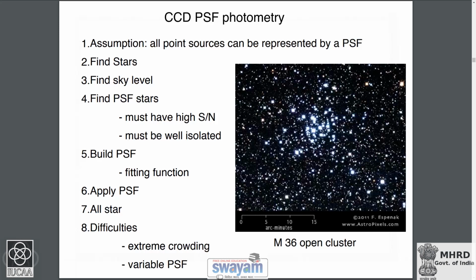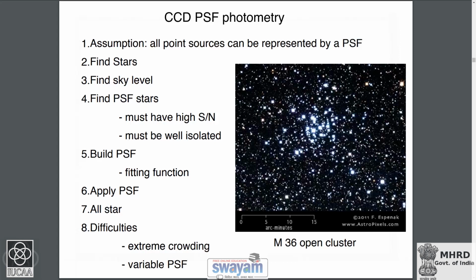Here, a few isolated stars are selected on the field. The light distribution coming from these stars is well modeled, such that the PSF is well modeled. Once this PSF is modeled, it is applied to all the stars detected on the same frame.